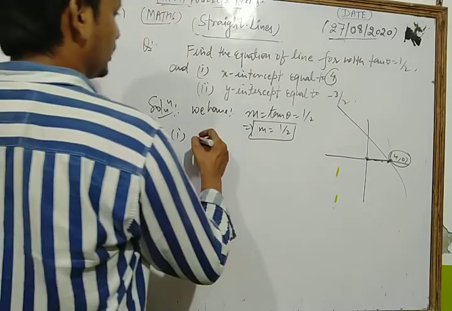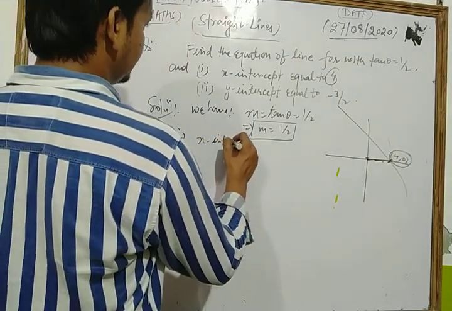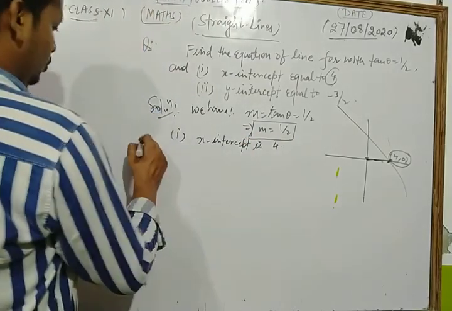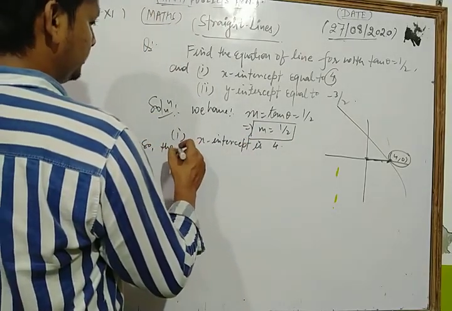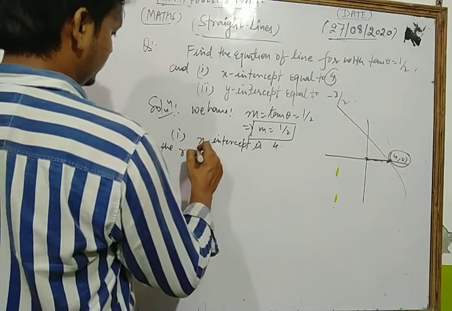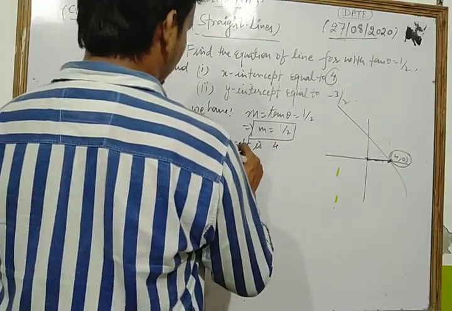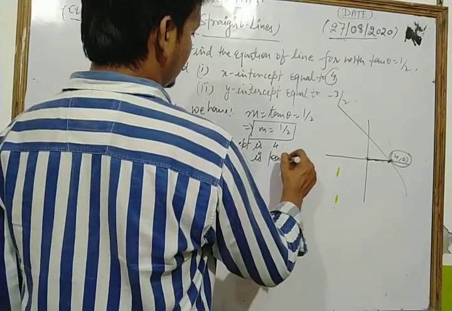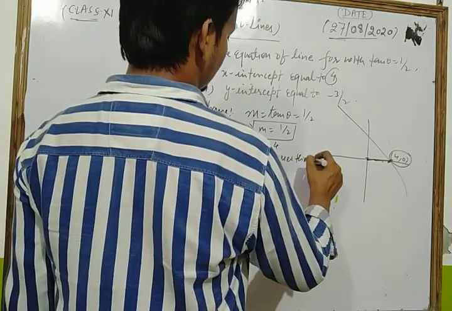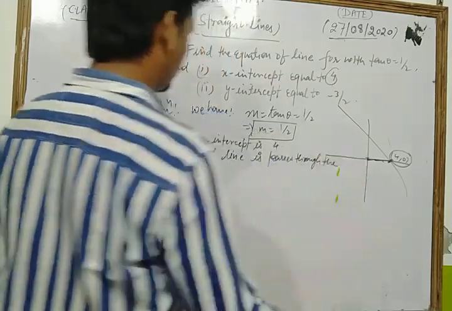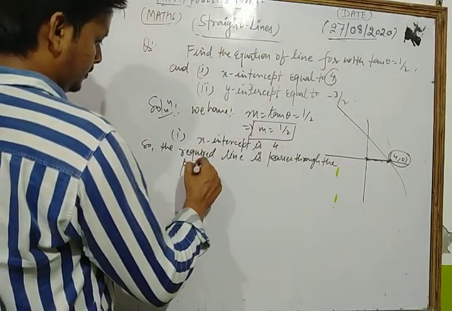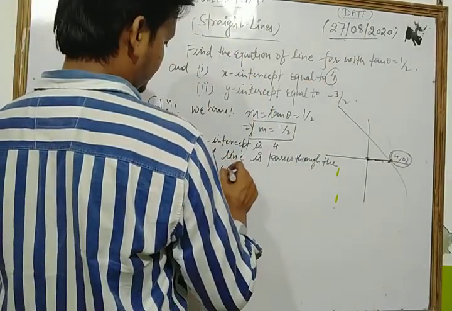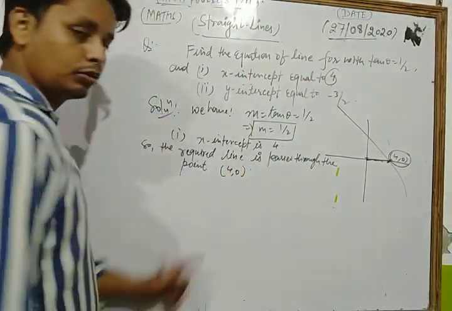Dear students, x intercept is 4, so the required line passes through the point 4, 0.